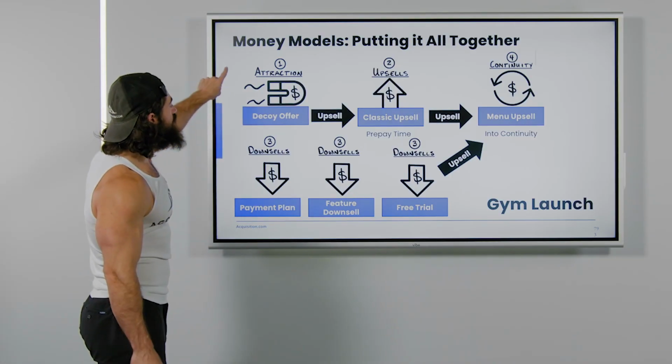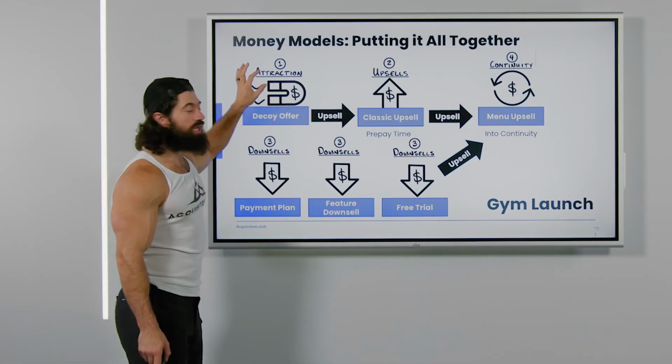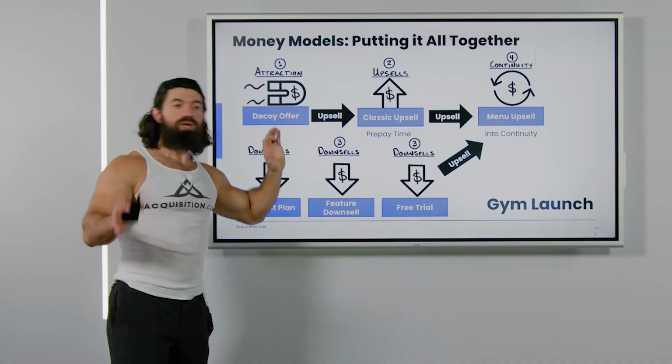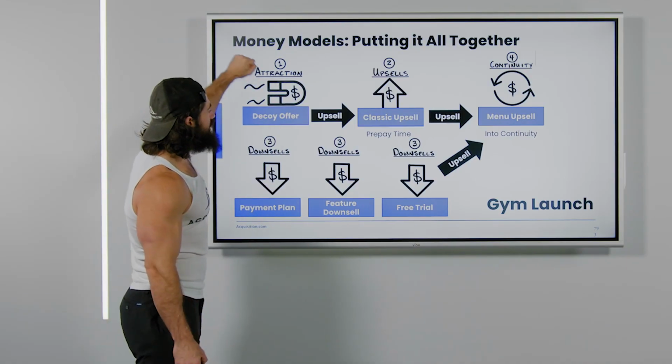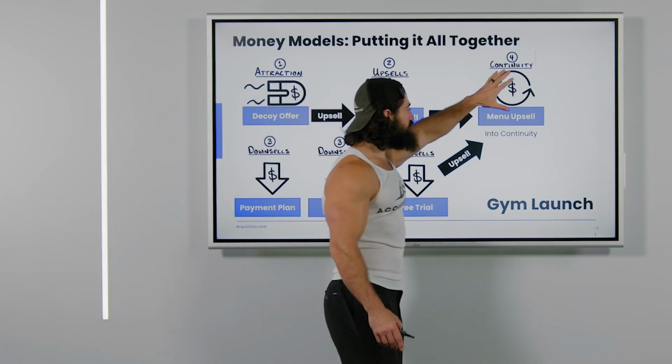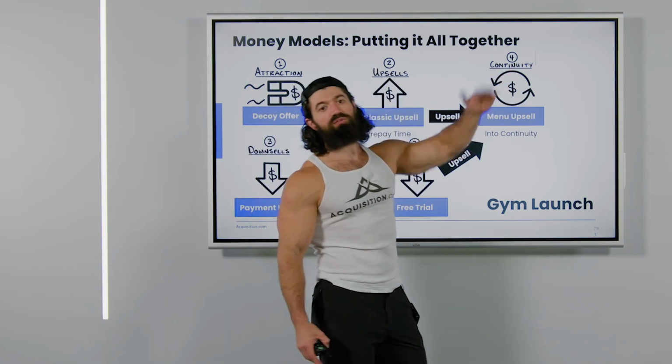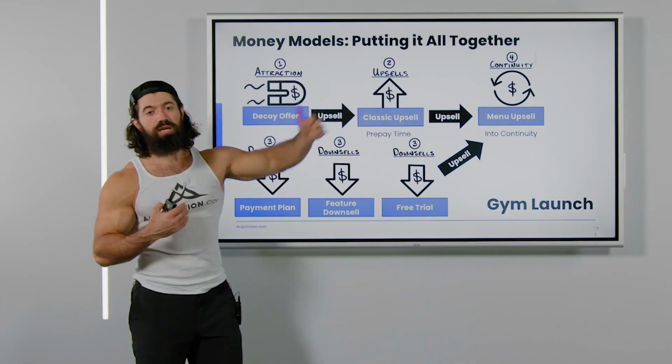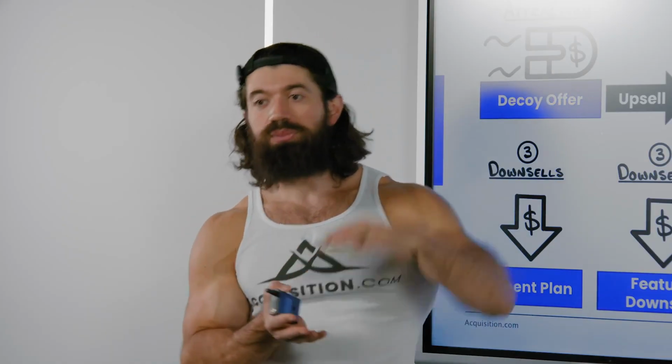All right, so this is Gym Launch's model. We used a decoy offer. That was the strategy call. You could also consider it a free with consumption, depending on how you want to see it. But we had that offer. Then we did a classic upsell. Then we did the menu upsell on the back end into what level of service they wanted for the extended period of time. Did you want these other services that went with Gym Legacy, which was the back end that we had? Some people opted for the highest version. Some people said, you know what, I don't need agency services.